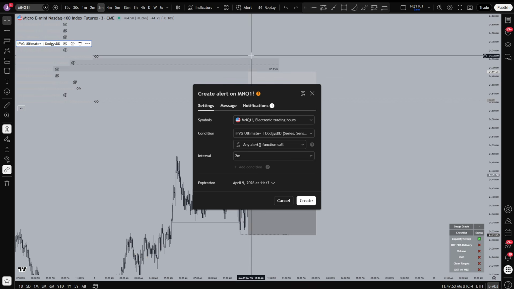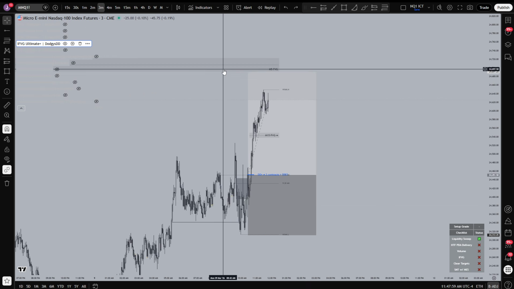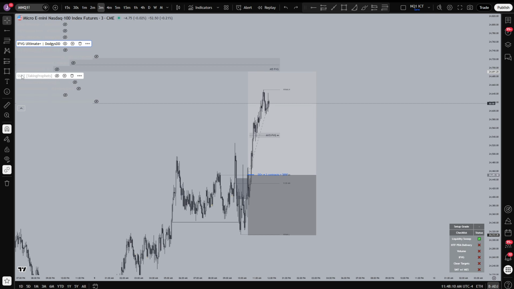If you want alerts for the 2 minute, you would go back in, create, right? I don't know why it's being so slow, but that's exactly what I mean. If you want it for the 3 minute, 5 minute, 15 minute, whatever the case may be, you have to add alerts for every single one.